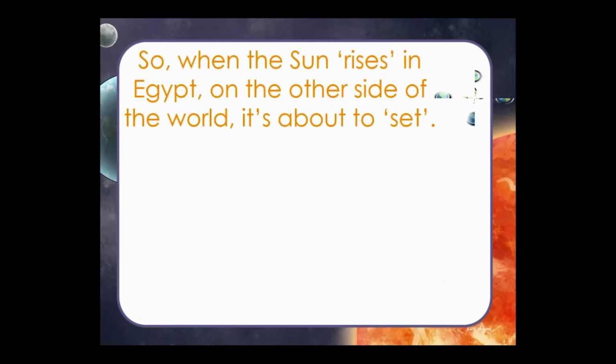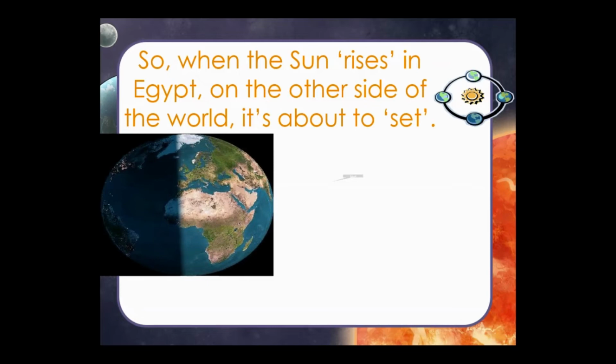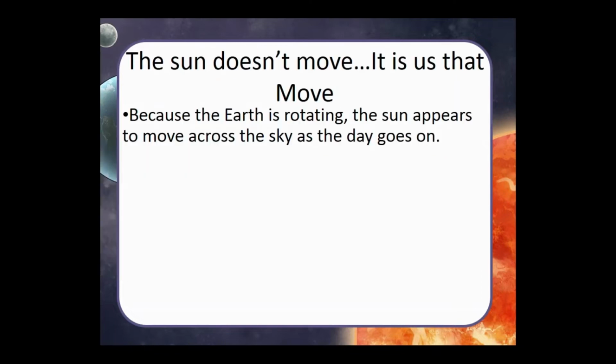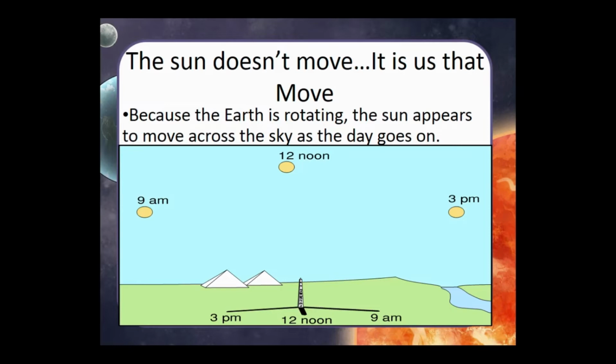Okay. So for example, when it rises in Egypt, the other side of the world will be night. Okay. This is the apparent movement of the Sun. And for sure we are rotating, not the Sun.